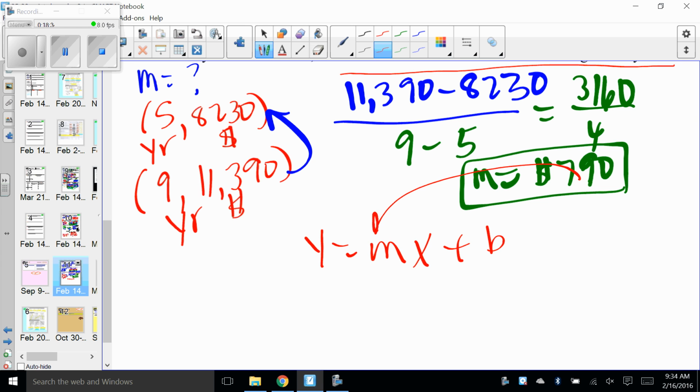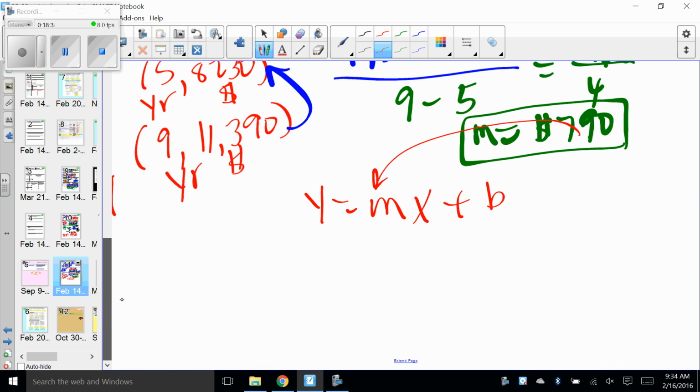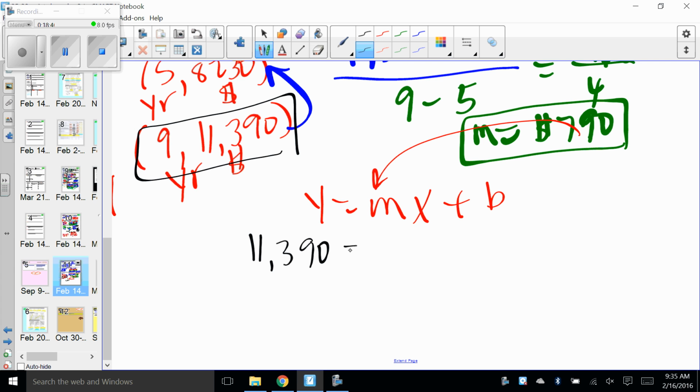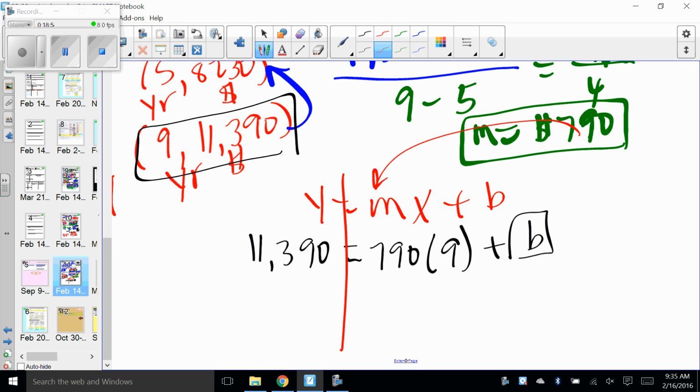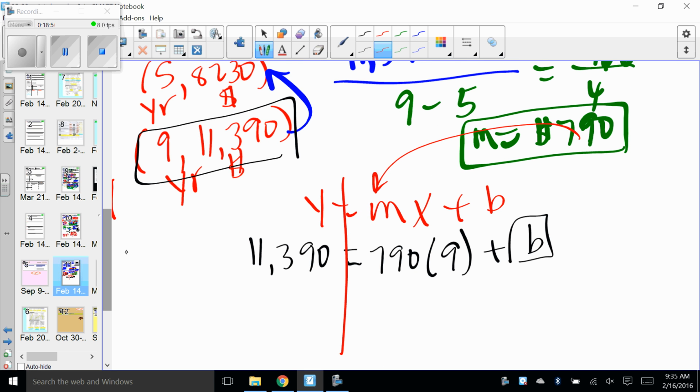We know this is 790. We know our beginning amount from part B we just found. Or we could pick one of these coordinates. Let's do that this time. I'll pick this one. So we're going to say 11,390 is equal to, my slope is 790 multiplied by 9 plus b. Just using that point because we're trying to look for the b.